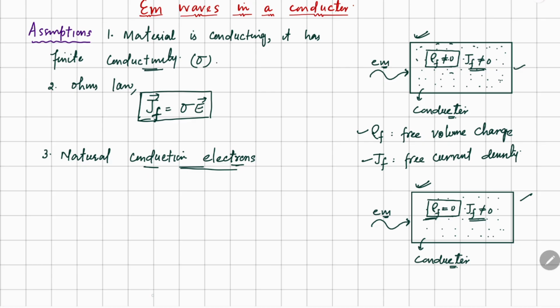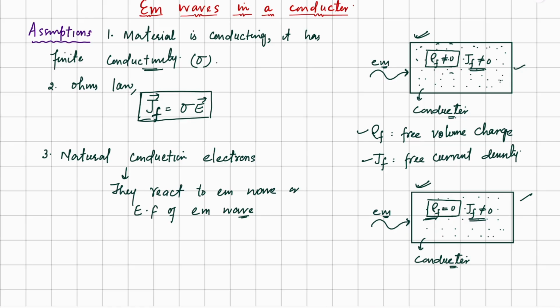These conduction electrons react to the electromagnetic wave, or rather to the electric field of the EM wave, and they respond dynamically to the oscillating electric field.